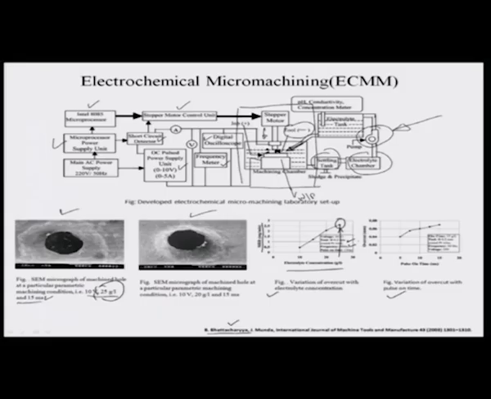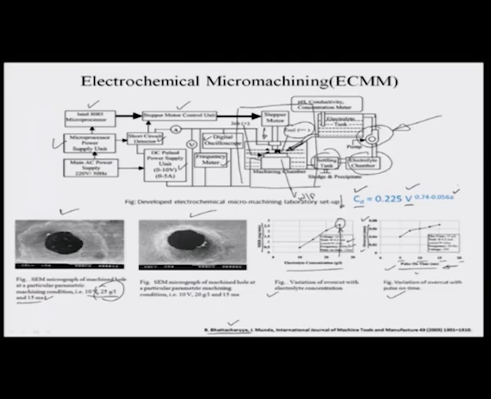The effect of the overcut on the pulse on time illustrates that as the number of pulses have increased, the overcut is more, which is obvious from an illustration given earlier in ECM, that as can be seen in this formulation here, where CD is the diametral oversize, V is the voltage, and A is the tool feed rate, okay.